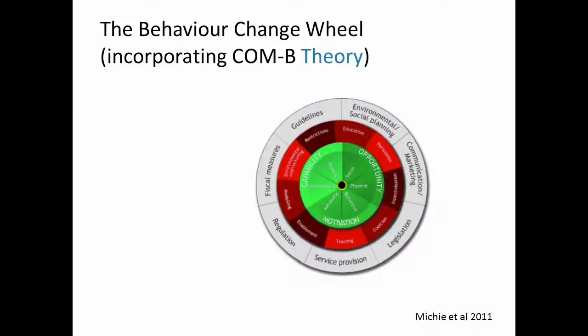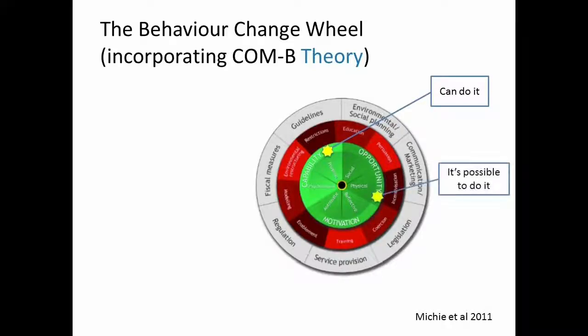So just in defining some of those sources, capability is defined as the individual's psychological and physical capacity to engage in the activity concerned, so they can do it. Opportunity is defined as all the factors that lie outside the individual that make the behavior possible or that prompt it, so it's possible to do it.